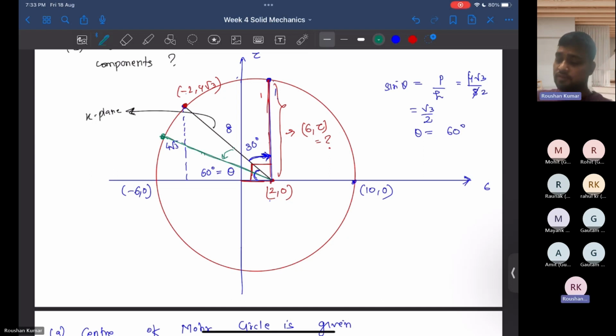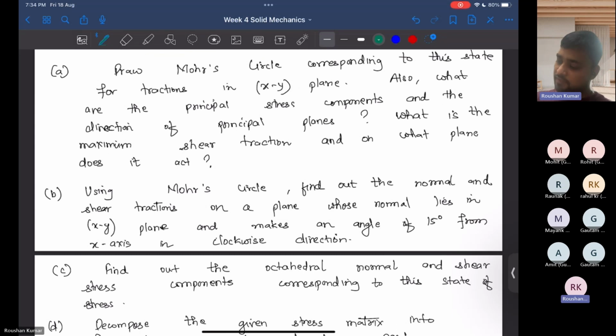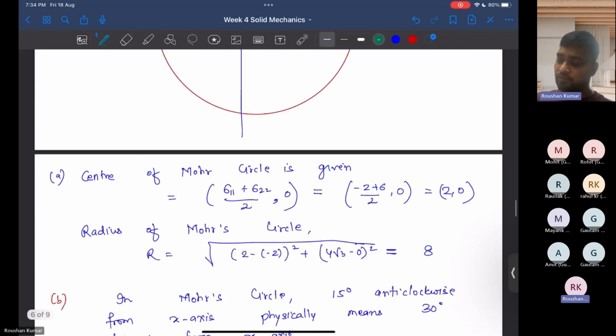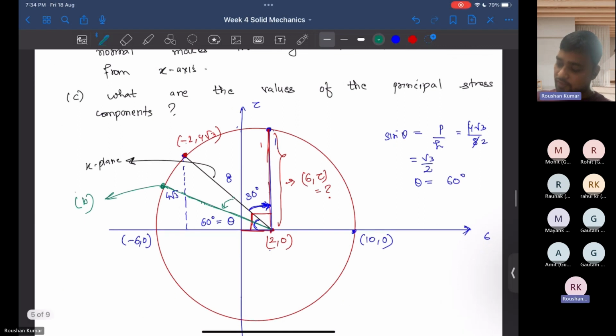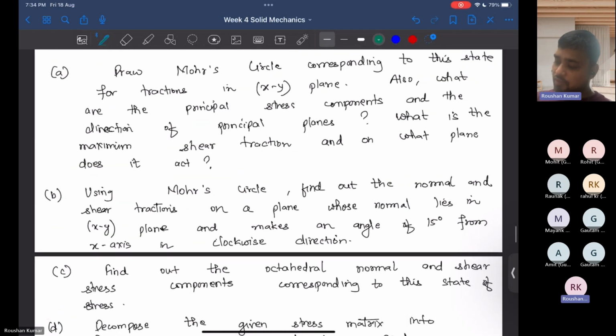The green color denotes the problem number B part. So part B says 30 degrees from the x-axis in the counterclockwise direction in Mohr circle. And now what is the question here? We have to find out the normal and shear component of traction on this plane.